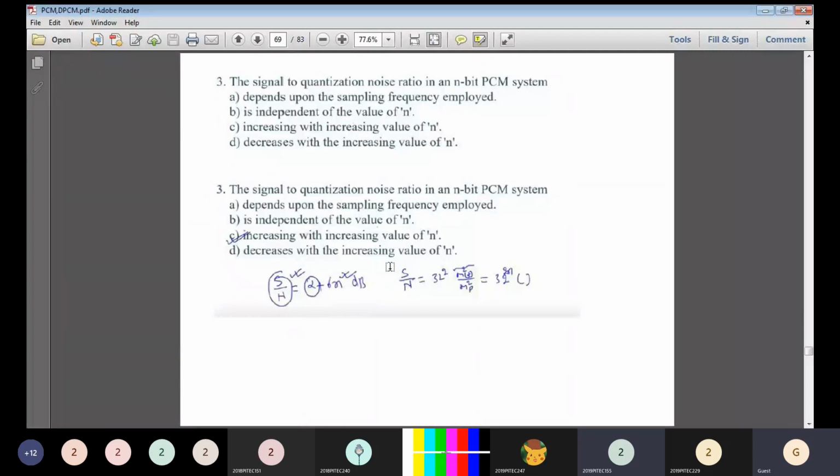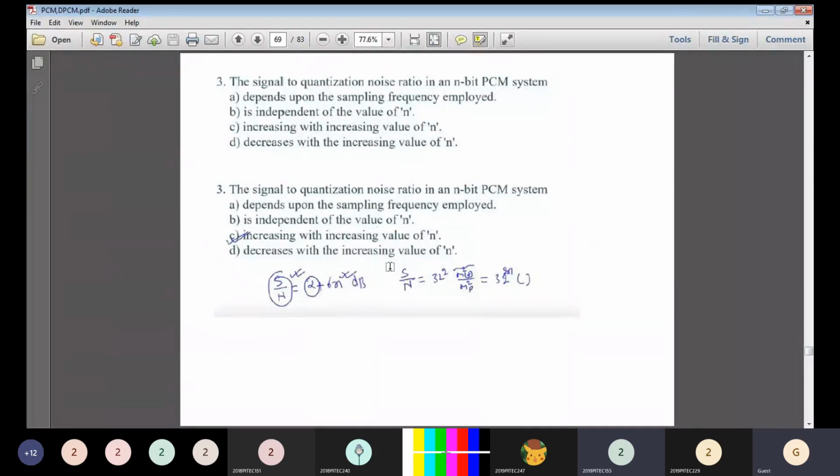Option A, depends upon the sampling frequency employed. Option B, is independent of the value of n. Option C, increasing with the increasing value of n. Option D, decreases with the increasing value of n.